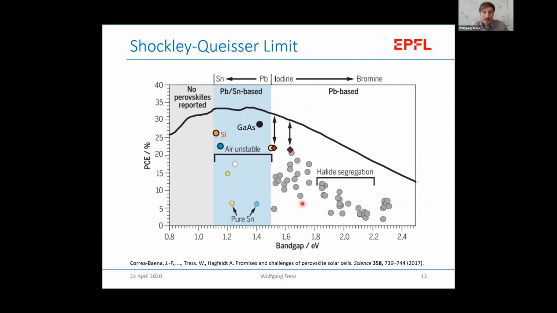So when we just quickly take again the ideal device where we have only radiative recombination, we can calculate the maximum power conversion efficiency as a function of the band gap of the absorber. This is known as the Shockley-Queisser limit.